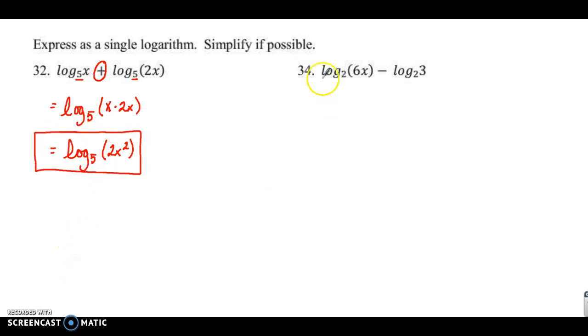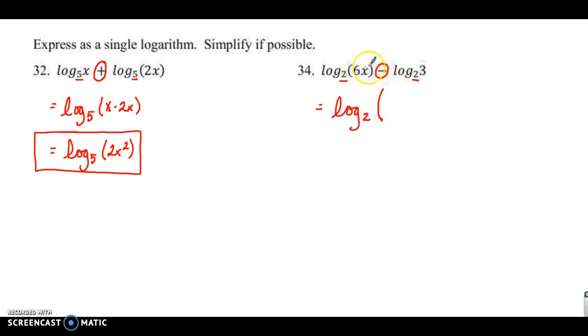Okay? Same thing here. We know the opposite of subtract would be divide. So we know if we're dividing with exponents, we're going to subtract the exponents. So when we're doing logs, we're going to go the backwards direction. So my bases are the same, so I know I'm going to have log base 2.